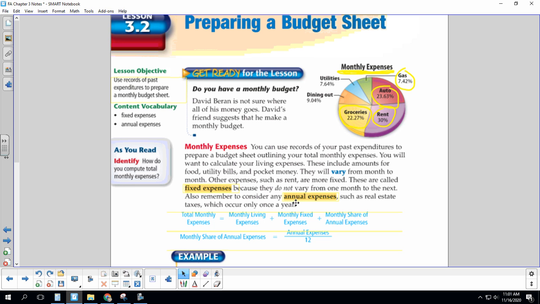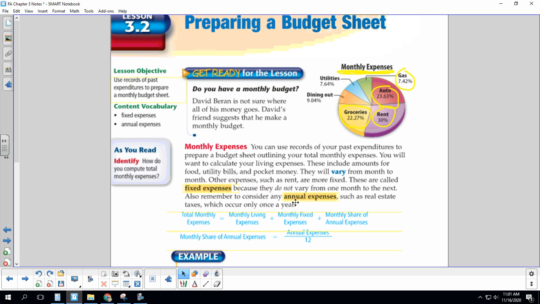As students, there are things that you guys encounter that occur once a year. As you guys go off to college, your tuition will be a twice or three times a year expense. The real estate taxes are once a year. Some insurance payments are an annual expense.